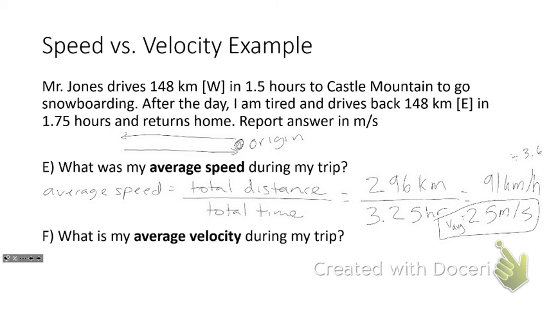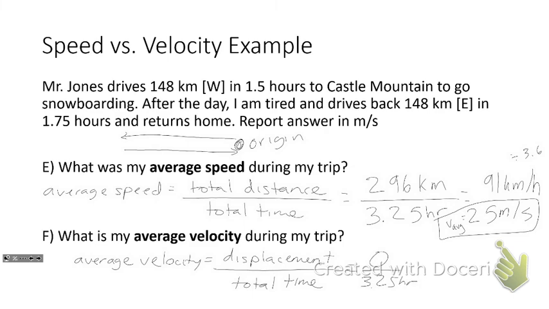So what is my average velocity going to be for the trip? 0 as well. So average velocity is equal to displacement over total time, which is 0 divided by 3.25 hours, which is equal to 0.